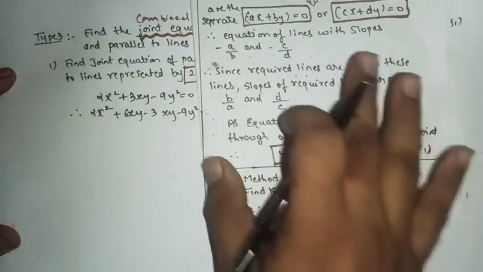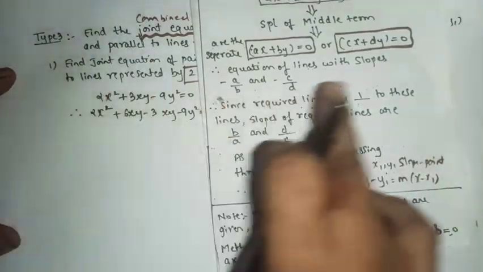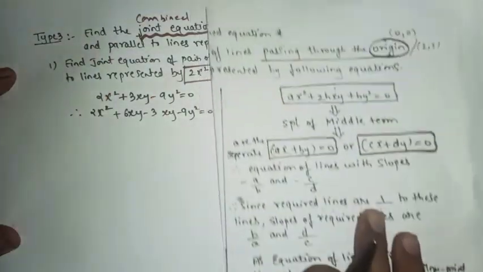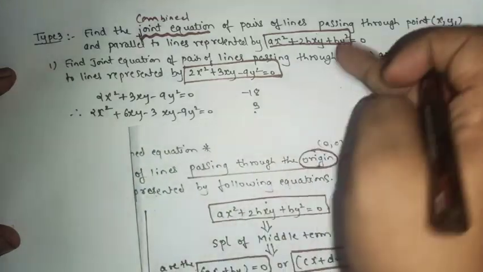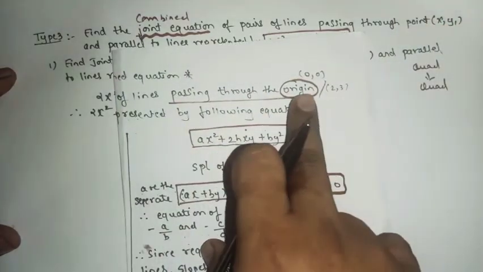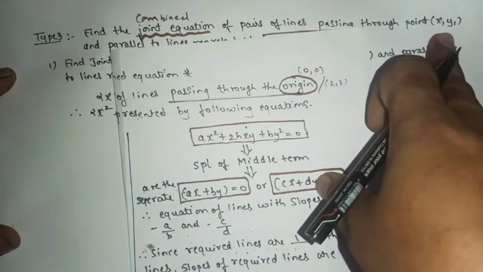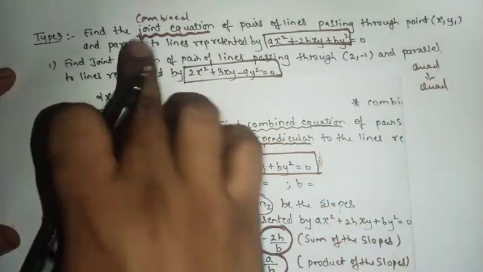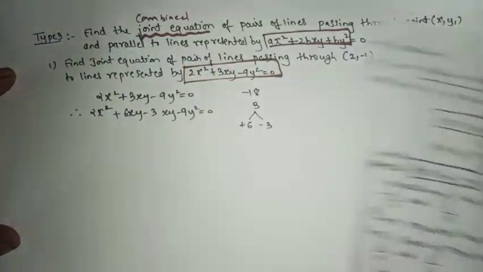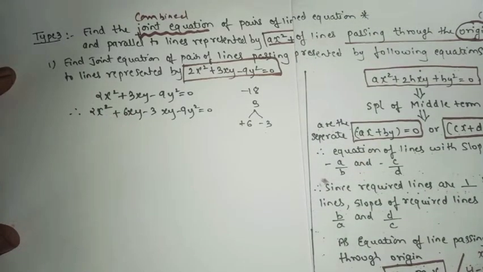So with respect to that, type number 3, we have to solve by using method number 2. And I had explained the difference also. What is the difference? In type number 2, the line will pass through origin, here it will pass through a point. There it was perpendicular, here it is what? Parallel. So that is the difference. Yes or no? So here the splitting of middle term is possible. Yes or no?